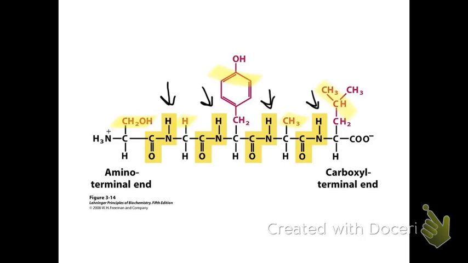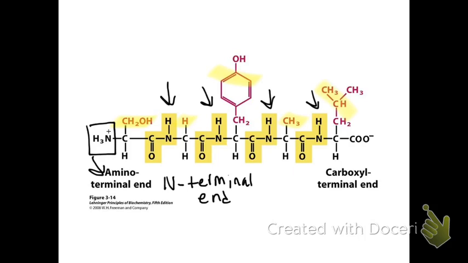Now, there's some terminology that you need to know here. At the ends of our protein, we have a terminal end called the amino terminal, and the amino terminal is often called the N terminal end, or the N terminus.